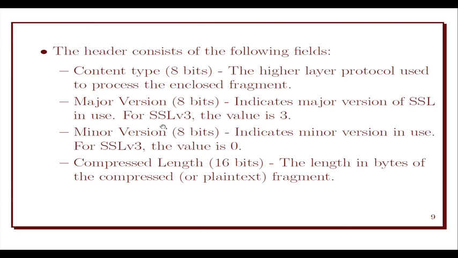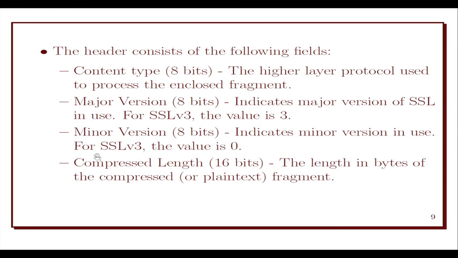For example, if the version of SSL used is SSL v3, then the value of this is 3. So, this 3 will be put in the major version field, and we also use 8 bits to indicate the minor version.